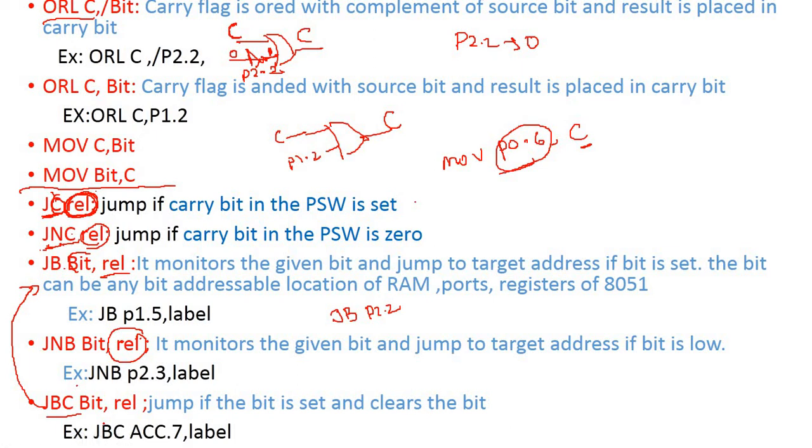So we can use here JBC ACC.7, label. It will check the D7 bit of the accumulator. If it is set, it will move to this label, whatever address is given here, and it will also clear the D7 bit of the accumulator.